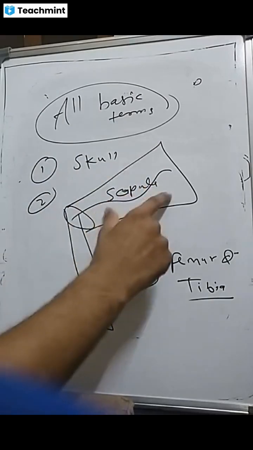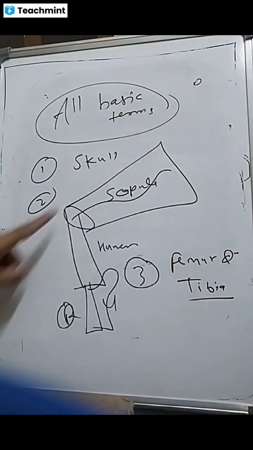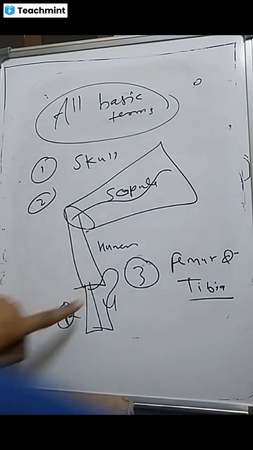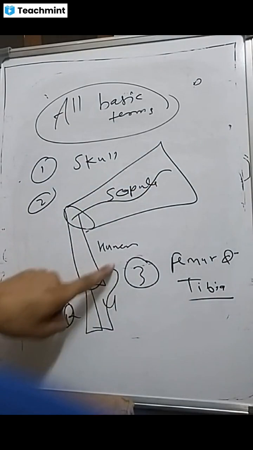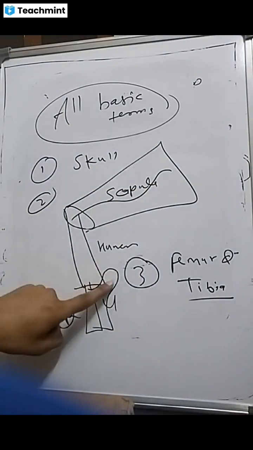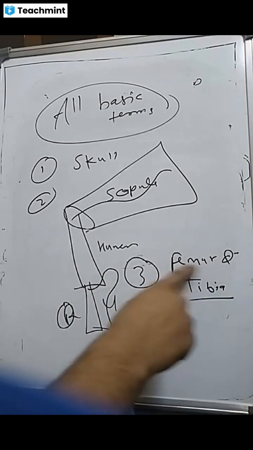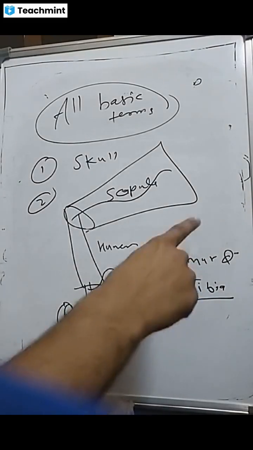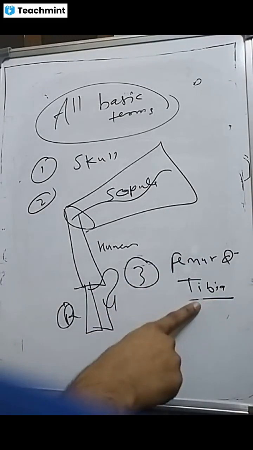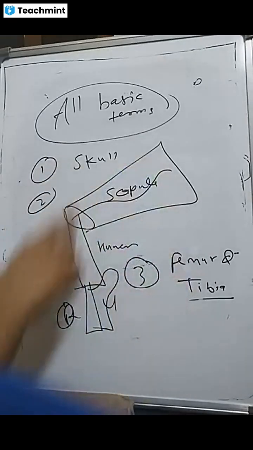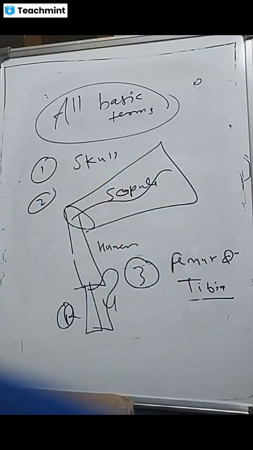In scapula you have spine, in humerus lesser tubercle, condyle, in ulna you have process, in femur you have fovea capitis and trochanter, and in tibia you have tibial crest. All terms are covered by reading these bones, and the main use is as a landmark for the orthopedic surgeon.